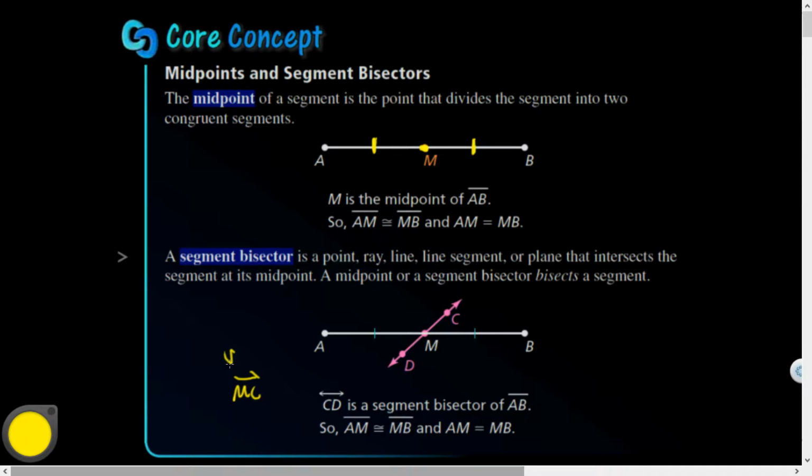So the double arrowhead, the complete arrow, is actually significant. It could have been ray MD, or segment CM, lots of possibilities. Therefore, AM is congruent to MB, and AM is equal to MB.